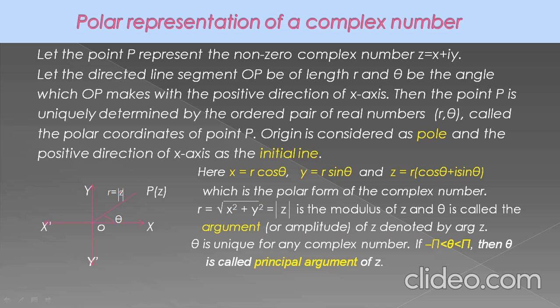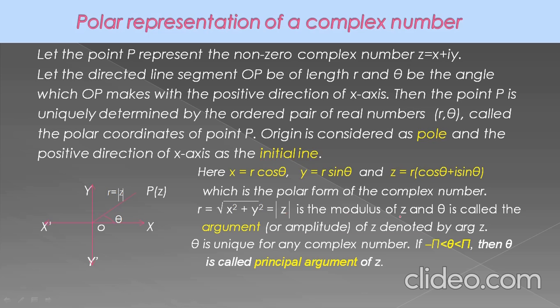Now how do we find r and theta? For this, we consider x equal to r cos theta and y equal to r sin theta, so that the complex number z becomes r (cos theta plus iota sin theta). This is the polar form of the complex number. We also know that r is equal to under root x square plus y square, that is mod of z.